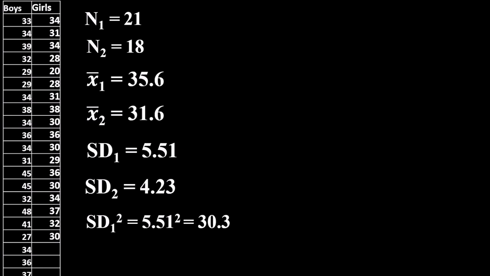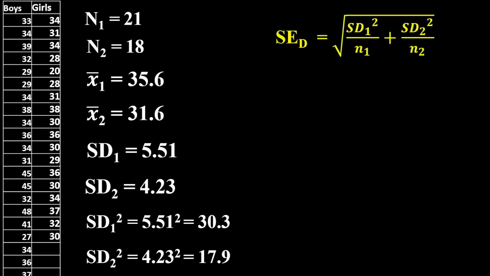SD1 square is equal to 5.51 whole square equals 30.3, and SD2 square equals 4.23 square equals 17.9. These are basic calculations which are to be used to find the t value and the standard error of difference between means. And the formula, as we have seen in the last video, for a large sample when uncorrelated means are given, to find the standard error of difference between means, this formula is used.